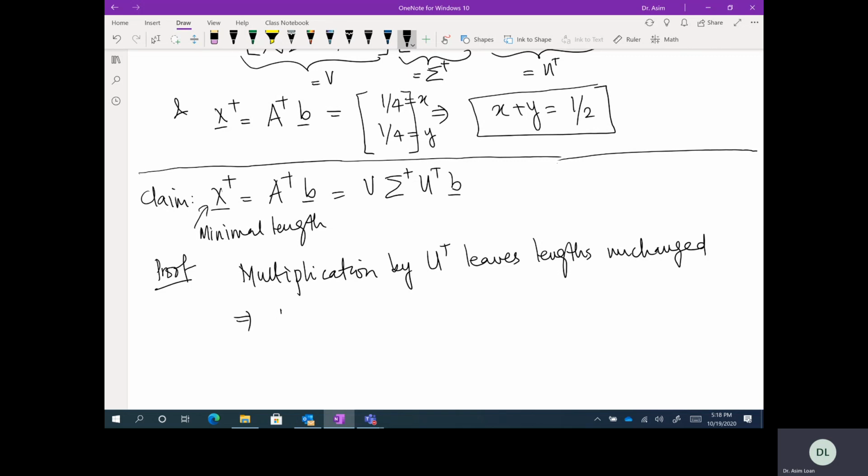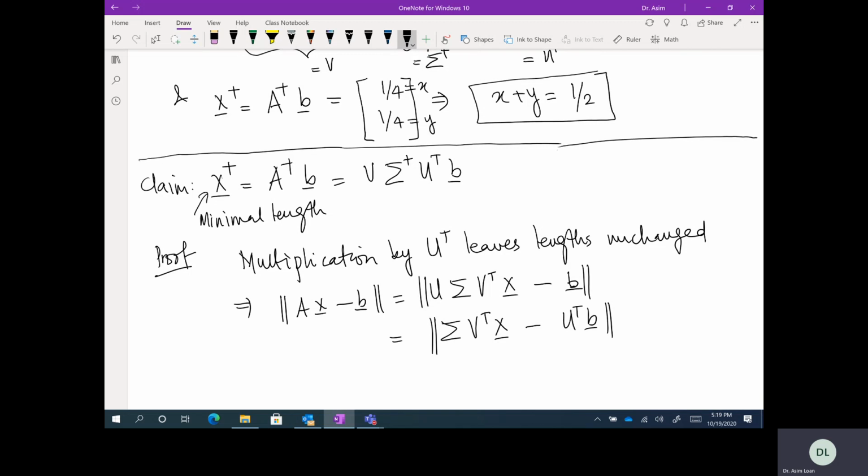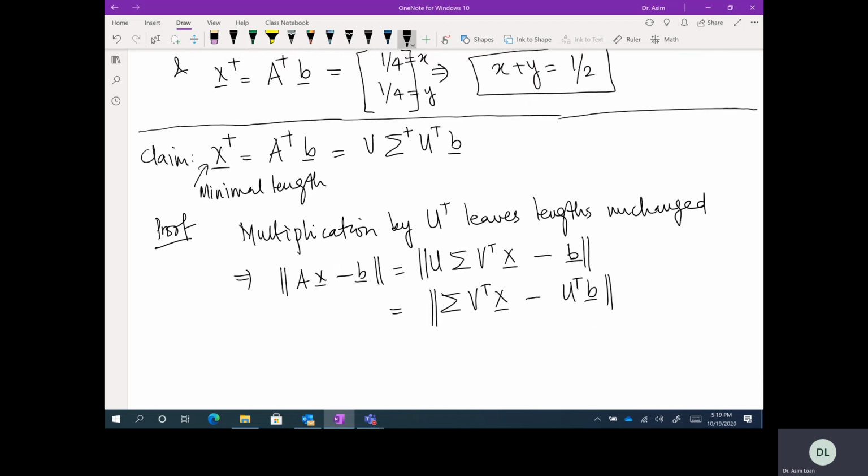This implies Ax minus b equals U sigma V transpose x minus b. So this is equal to sigma V transpose x minus U transpose b. I multiply U transpose on both sides, so the length is not changed.